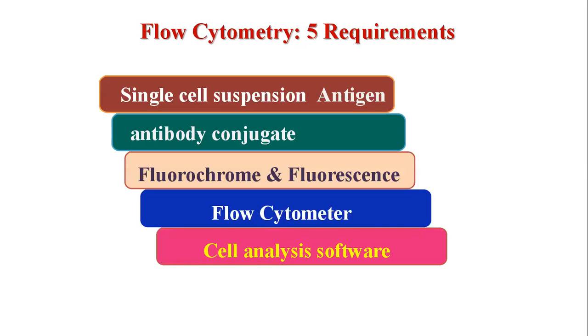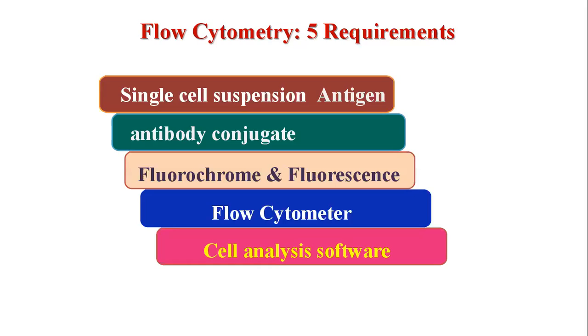So to carry out this particular experiment, we need 5 different things. The first thing is the single cell suspension of the antigen. Next one is an antibody conjugate.